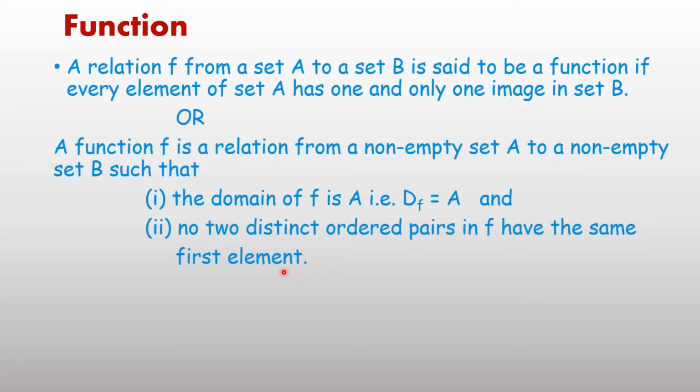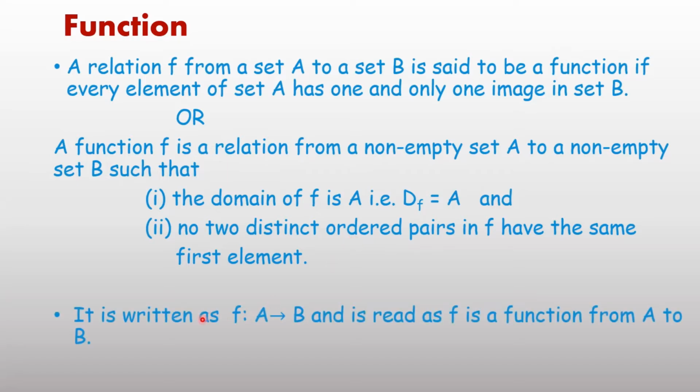It implies every element of set A has its unique image in B, means only one image in set B. Function we can write as f: A to B, means f is a function from A to B. If anywhere it is written in symbolic form, we will read it as f is a function from A to B.